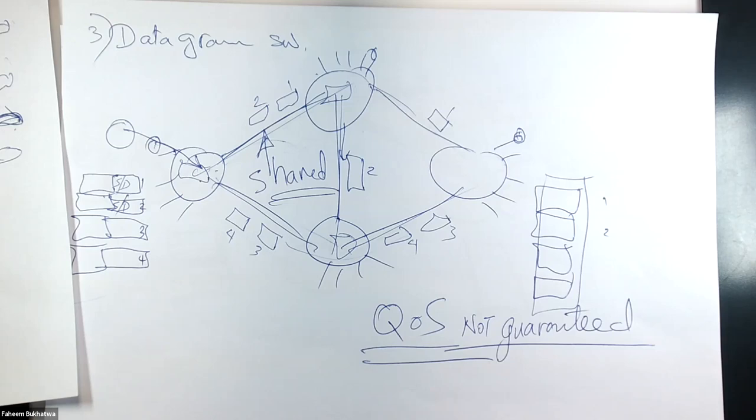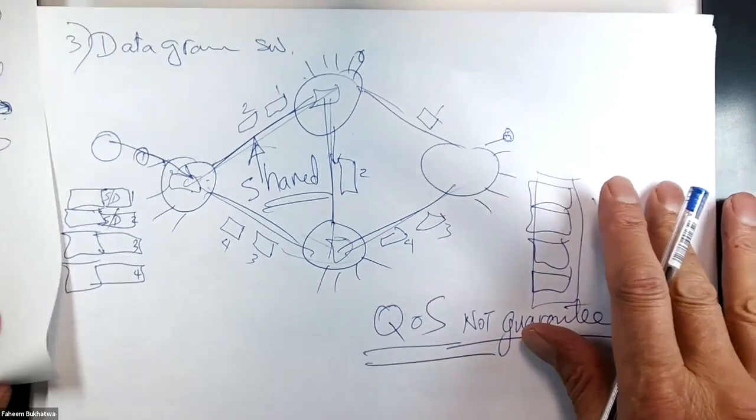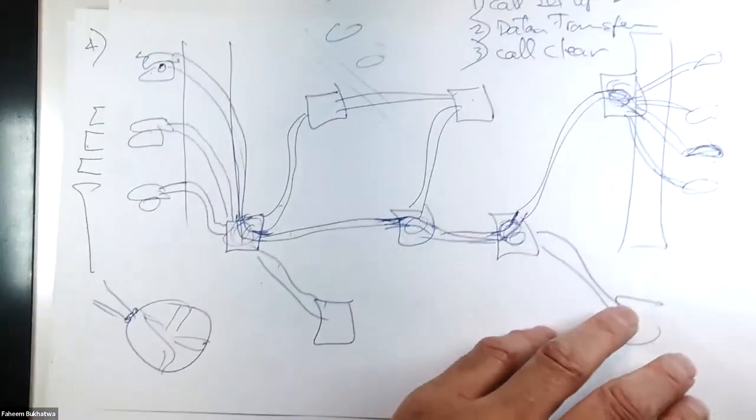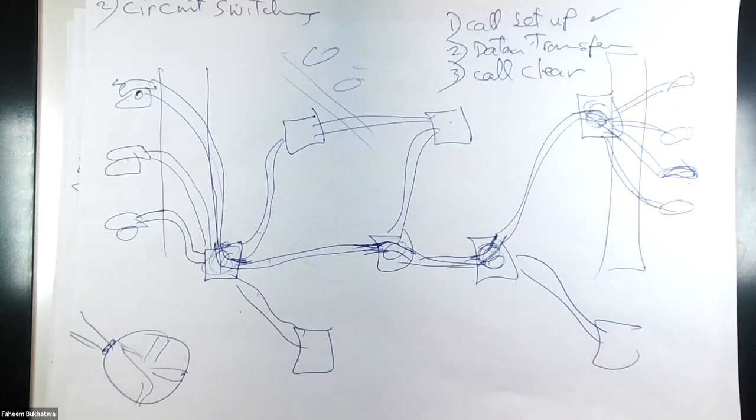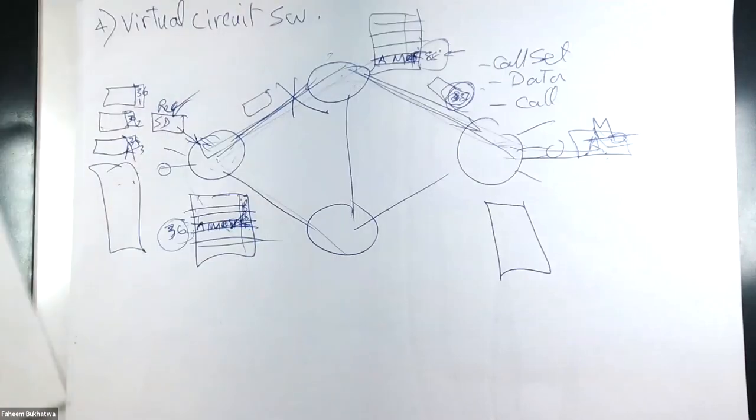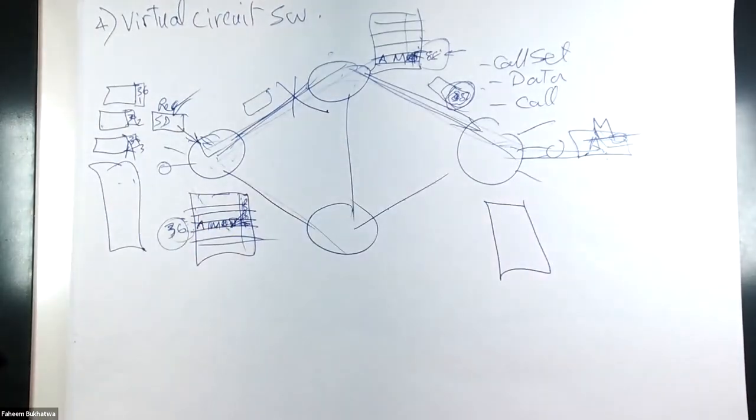So which one allows more users? The datagram allows more users, because datagrams can never block any new communication or new call. With the virtual circuit, you can actually block new calls. A router can reach its maximum limit and say, I can't take any more, in order to maintain a good quality of service.